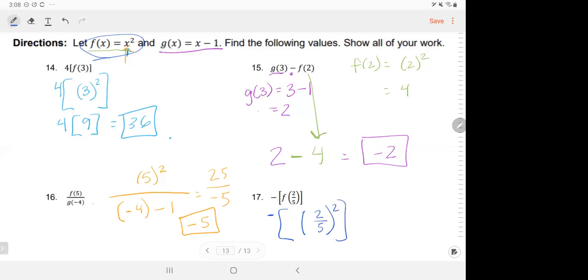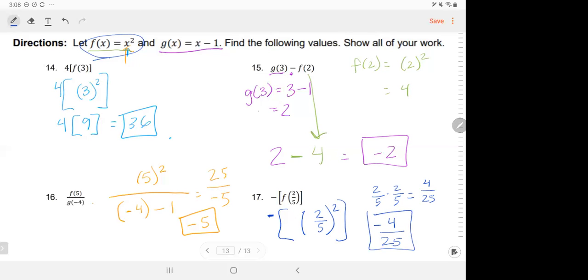And 2/5 squared is just going to be 2/5 times 2/5. So 2 times 2 is 4, and 5 times 5 is 25. So now I have 4 over 25, and then I multiply it times negative on the outside. So my answer here will be negative 4 over 25.